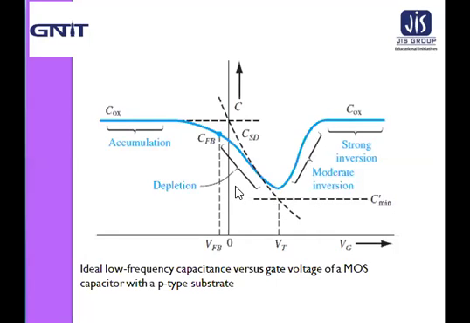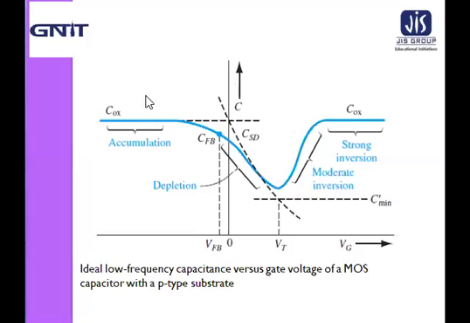Now, at this moderate inversion, which is indicated here in this figure, that is the transition region between the point where only the space charge density changes with gate voltage, and the point where only the inversion charge density changes with the gate voltage.